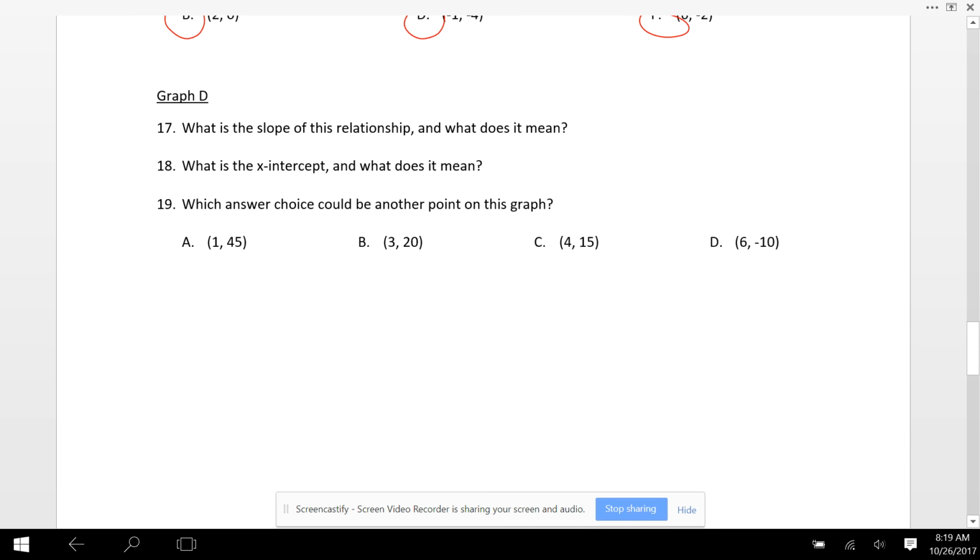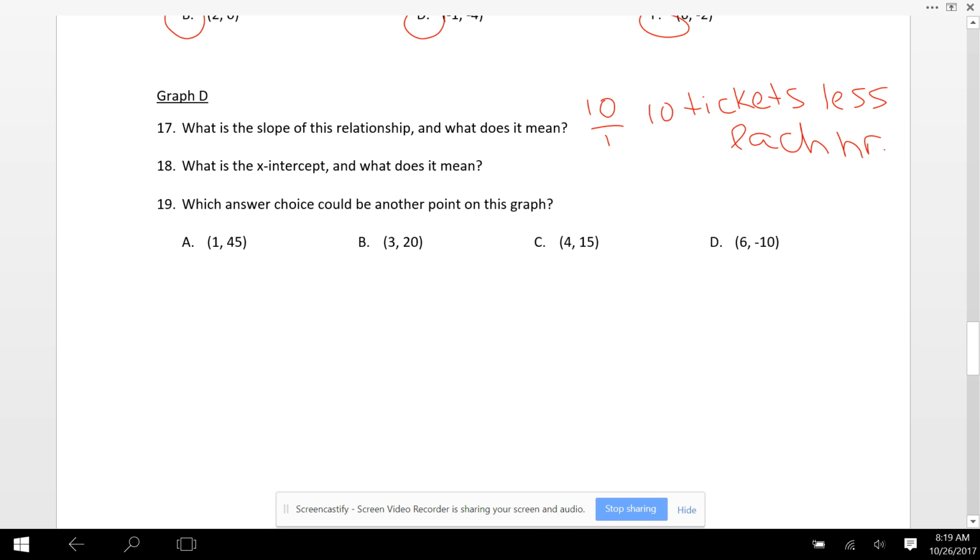Graph D, the slope was 10 over 1 or 10, and that is 10 tickets less each hour.